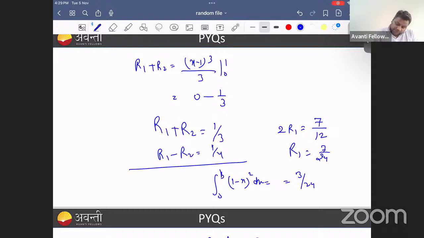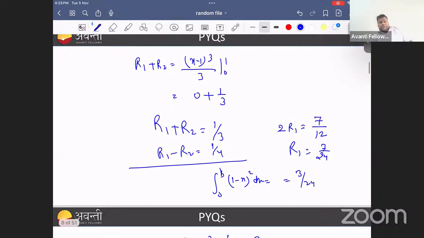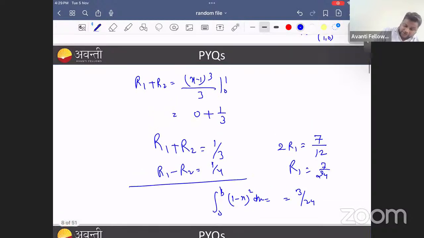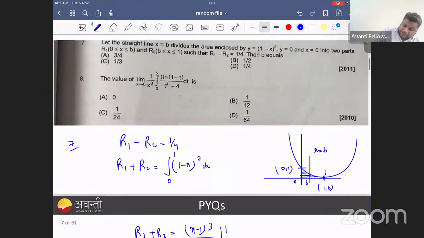R1 plus R2 is 1 by 3, R1 minus R2 is 1 by 4. If I add both of them, I get 2R1 as 7 upon 12, so R1 is 7 upon 24. R1 is this area.